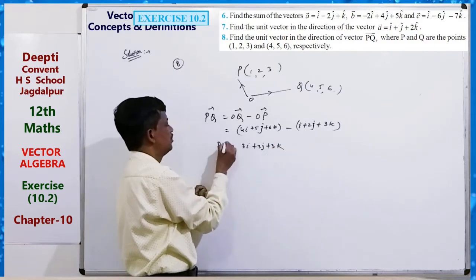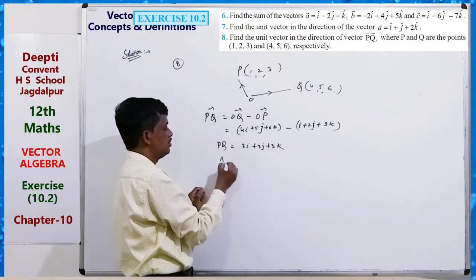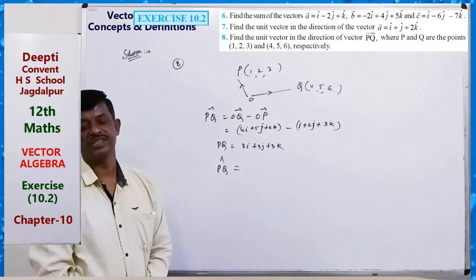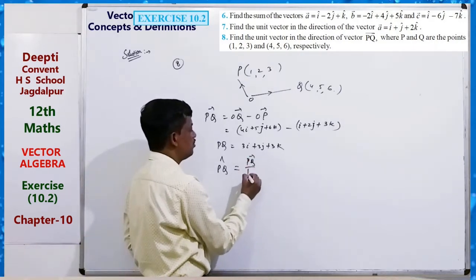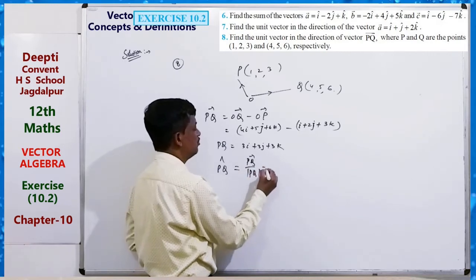Therefore, the unit vector along PQ is PQ upon mod of PQ.